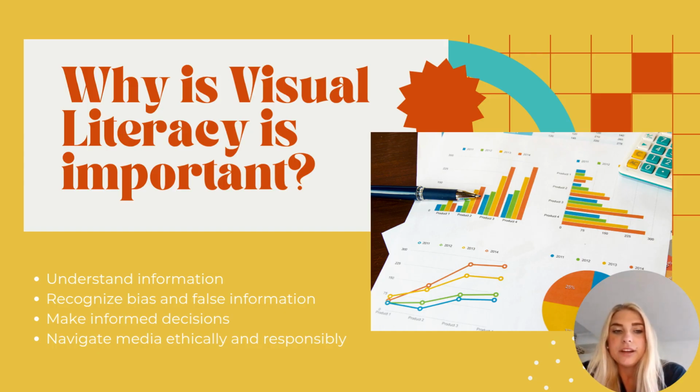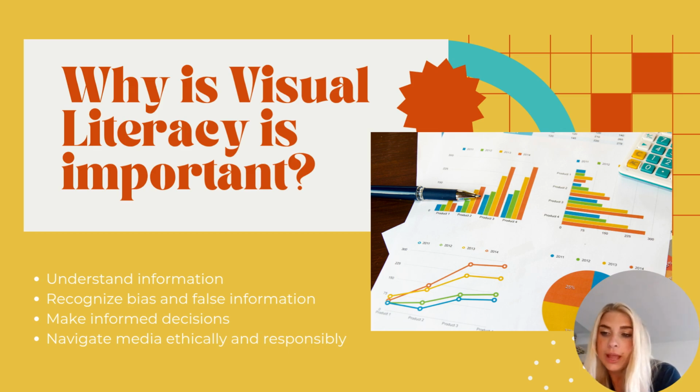Visual literacy is very important because we live in a digital world surrounded with visual information. So we see images and visuals through websites, social media, TV, ads, videos, and news sources every day. And visual literacy helps us to understand these messages that we see, identify bias or false information, and to make informed decisions.